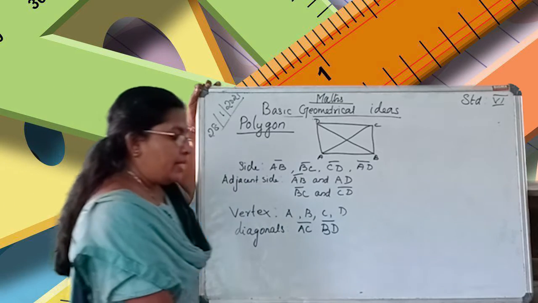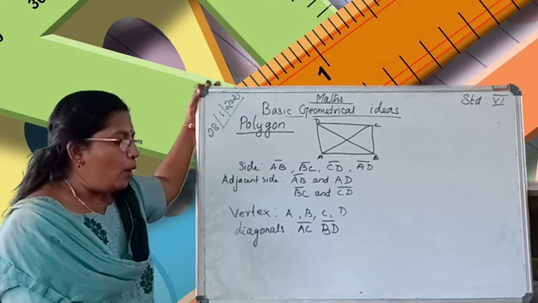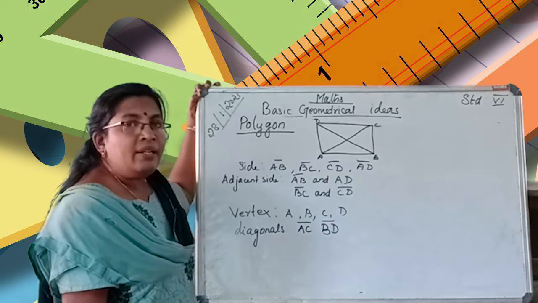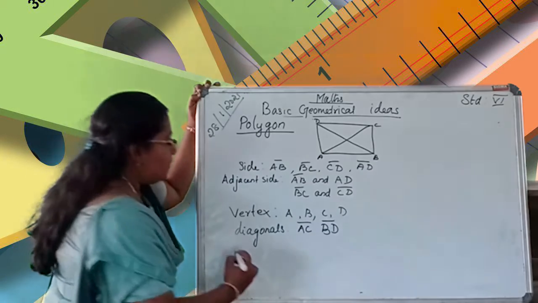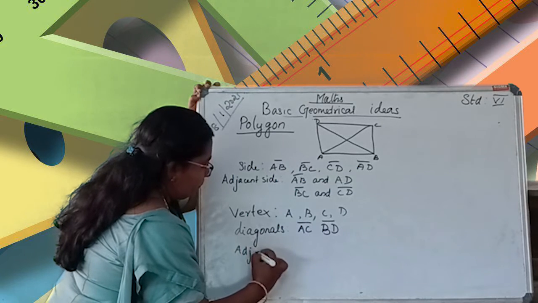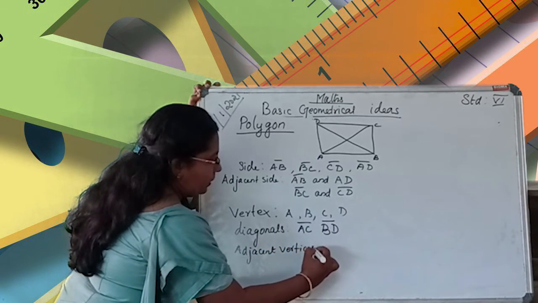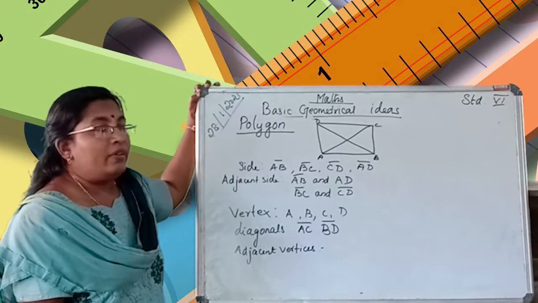Okay. Next is adjacent vertices. The endpoints of the same side are adjacent vertices.